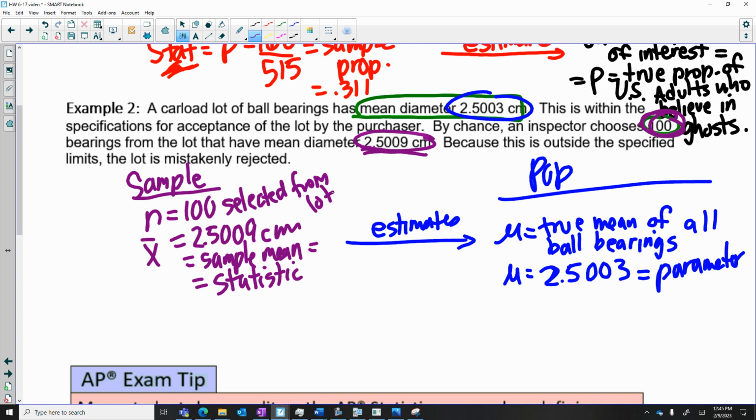And the population is all the ball bearings in the lot. And the mean of those is mu, which is the true mean of every single one. And then the other one is x bar. That's the sample mean because it's just from the sample of 100.